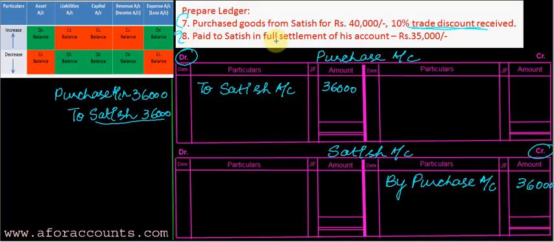Now let's read the 8th entry. Paid to Satish in full settlement of his account rupees 35,000. How much do I actually need to pay Satish? 36,000. Satish account is standing here with 36,000, but I am paying him only 35,000.